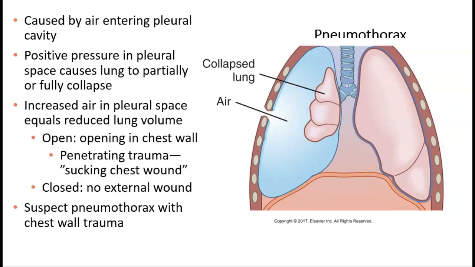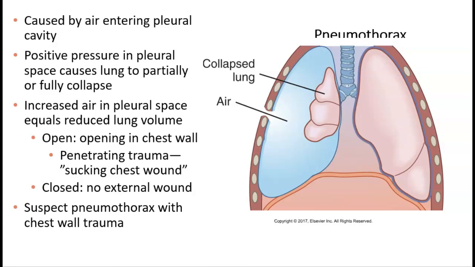Could be due to trauma, and it's either going to be open or closed, right? So open means that there is an opening in the chest wall. These are the sucking chest wounds. They literally make that sound as if the air is sucking through. And under closed, there's no external wound.